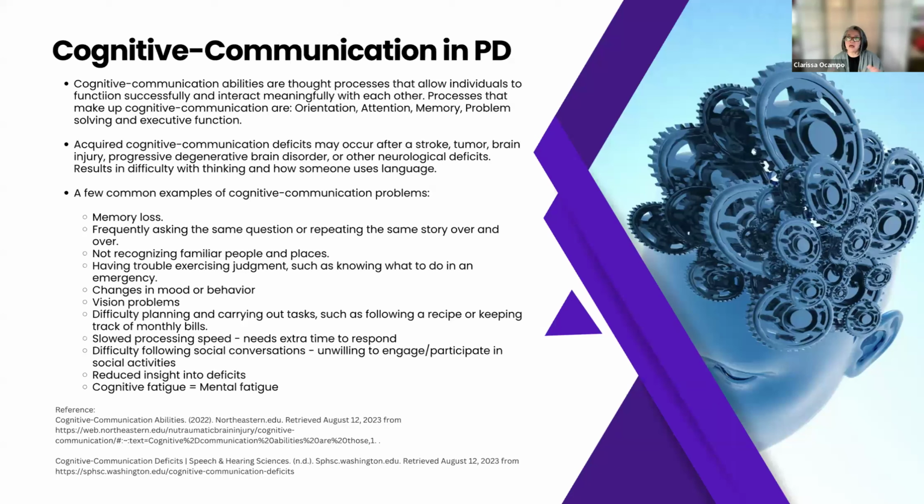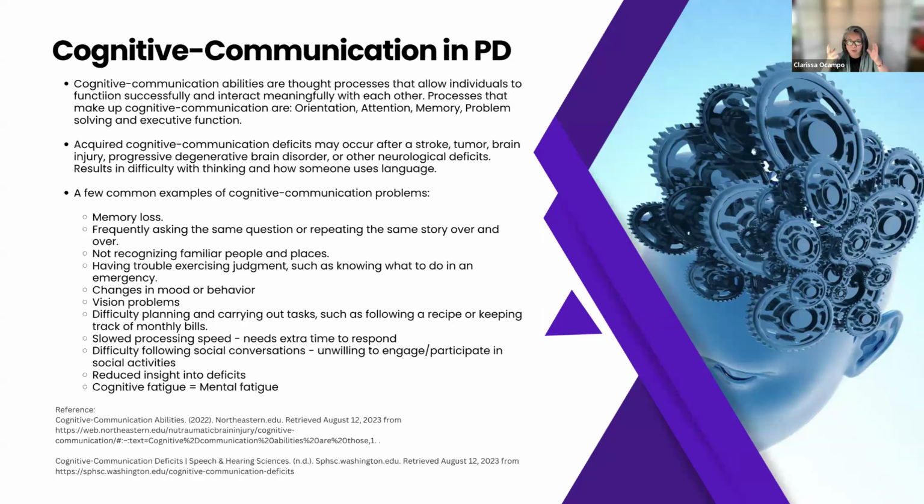And this happens because as the body is slowing down with Parkinson's, the mind is also slowing down with Parkinson's. There is also some slowed processing speed, right? So an individual with Parkinson's is going to need some extra time. When they are being asked a question, for example, they need that extra time to respond. So it's not a quick response that they are able to do.